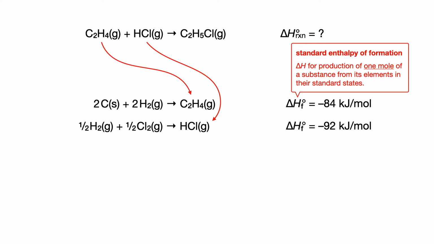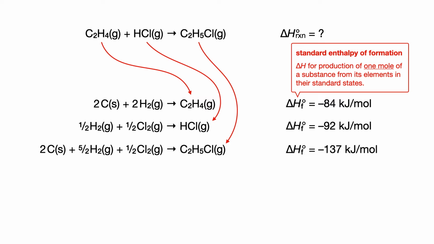And then finally, we can represent the formation of the product, ethyl chloride, as 2 moles of graphite combining with 2.5 moles of hydrogen gas and half a mole of chlorine gas to form 1 mole of C2H5Cl. And that has a standard enthalpy of formation.